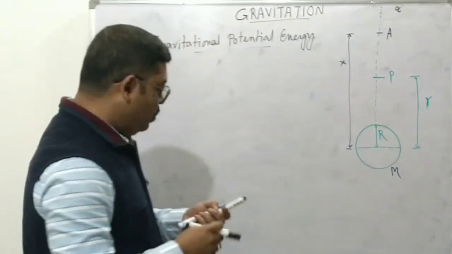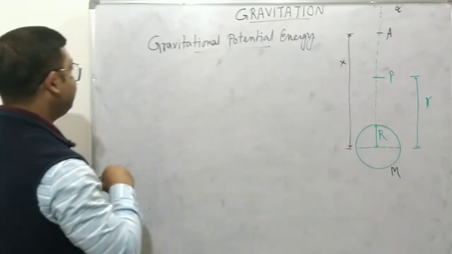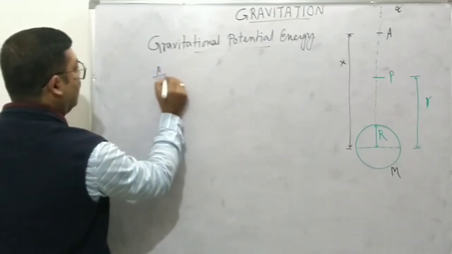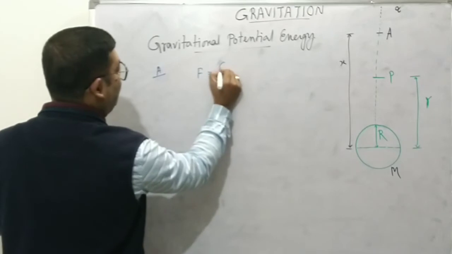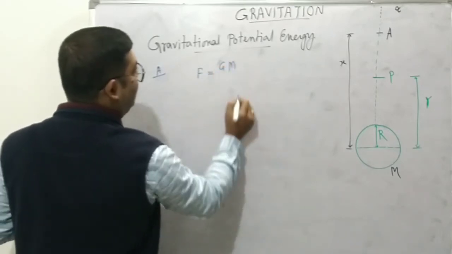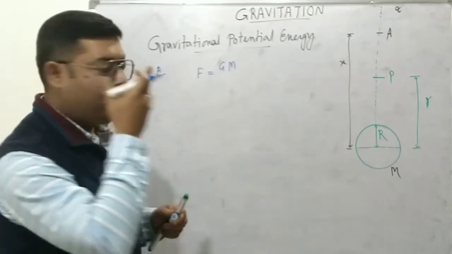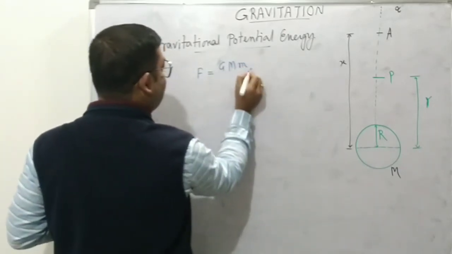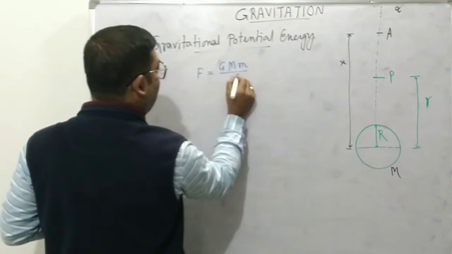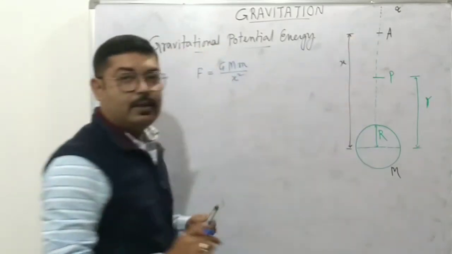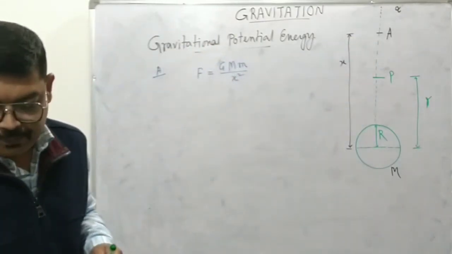At point A, the force of gravitational attraction will be capital G, capital M, and let's say the mass of the object whose potential energy we are trying to find is small m, so it will be GMm by x squared.